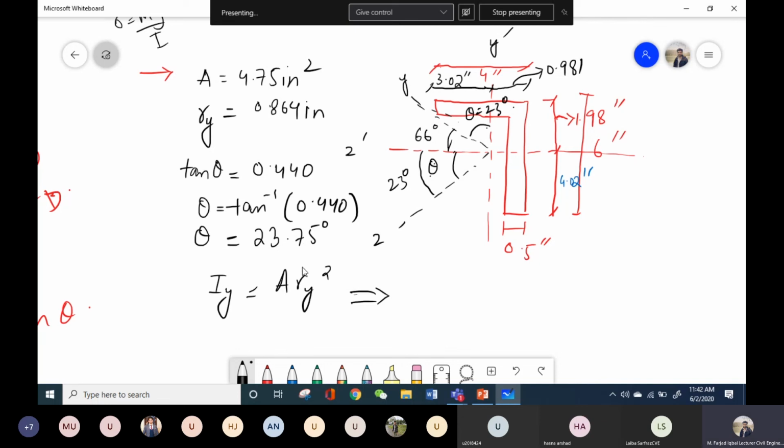So I know Ry, I know the area of the cross section. So Iy will be 4.75 into 0.864 whole square. So what is Iy? Let's say 3.54.